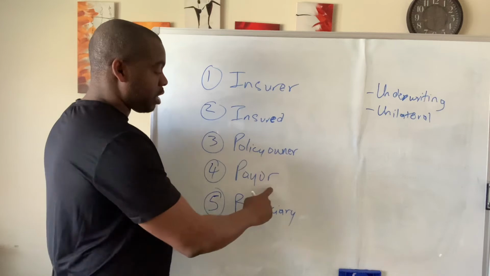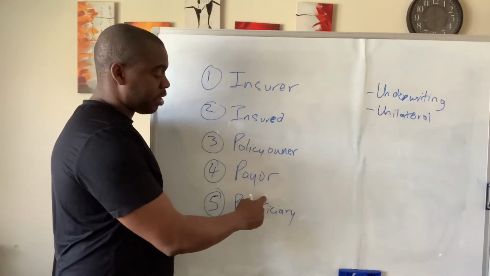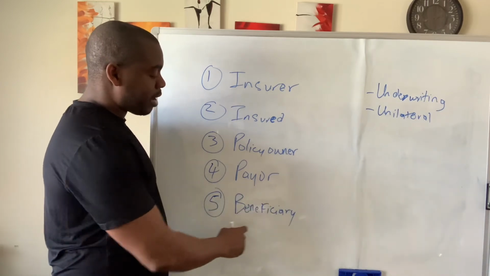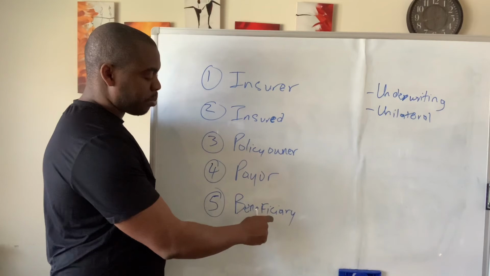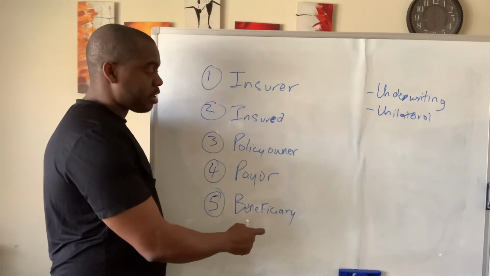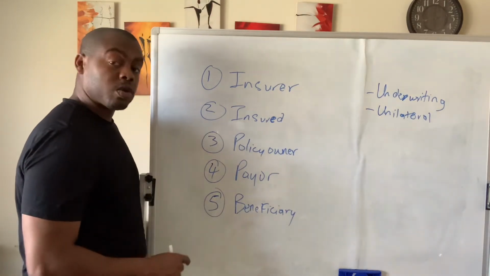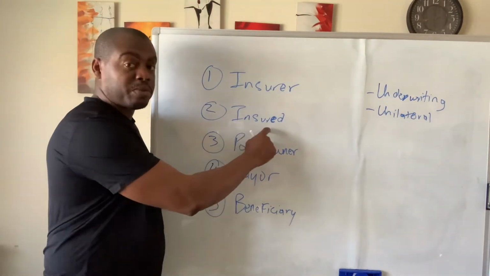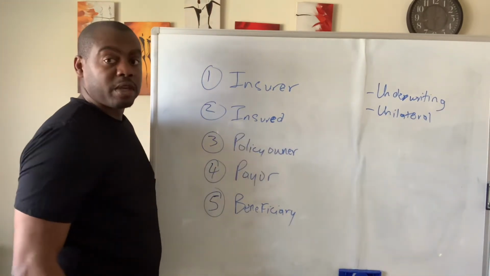It's their policy. And the payer is the person that's going to pay the premium, that's going to pay the monthly premium. And the beneficiary is who's going to benefit. That could be a person, that could be an entity, that could be a charity, organization, a trust, whatever. But the insured has to be a person in this case, all right? So the insured has to be a person.